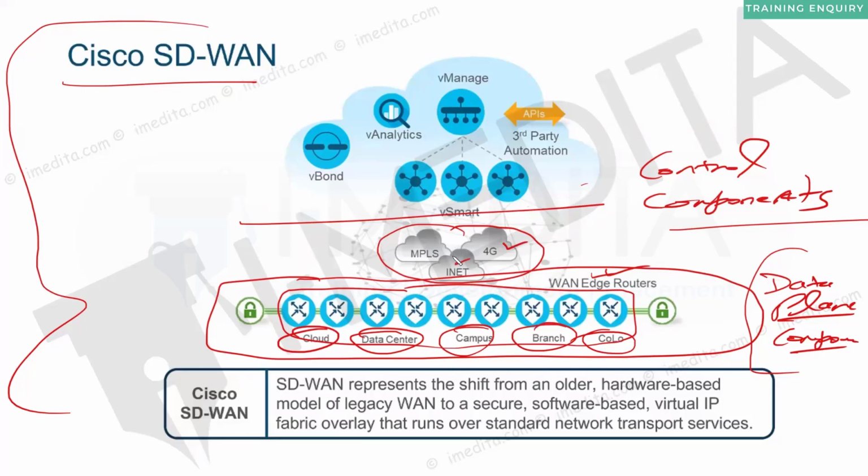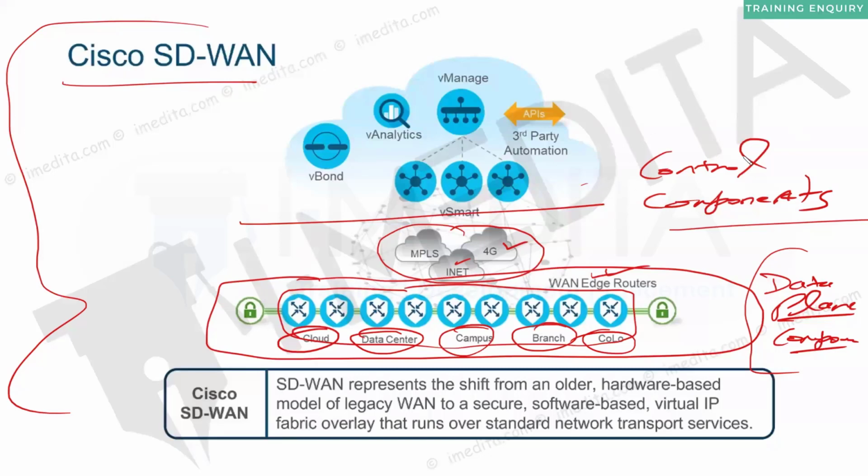And even within internet, you can have an internet leased line, or you can simply depend upon broadband connectivity. It's up to you what you want to use, right? So this is the architecture that we are going to focus on now.